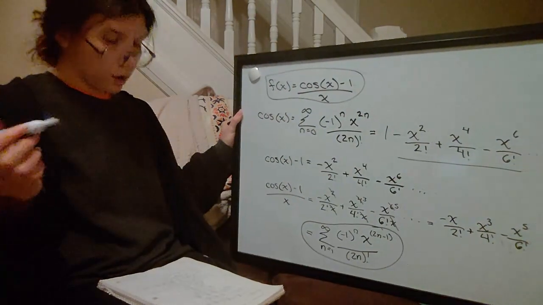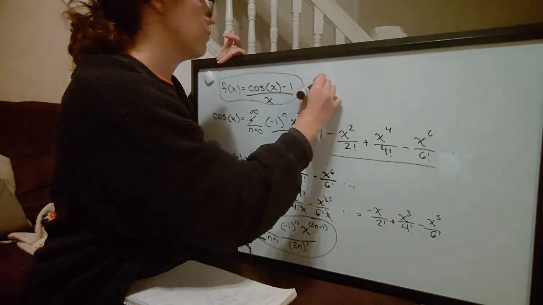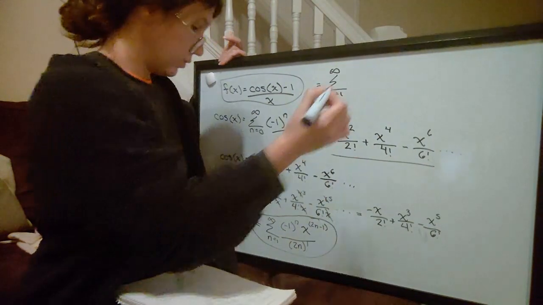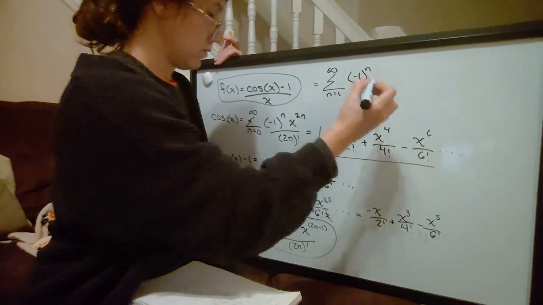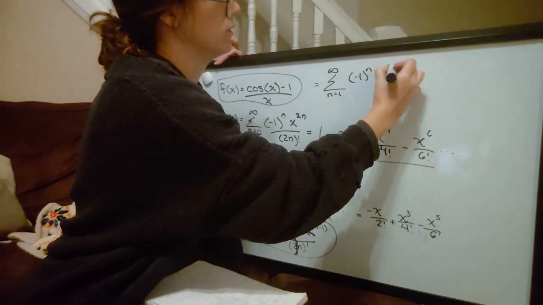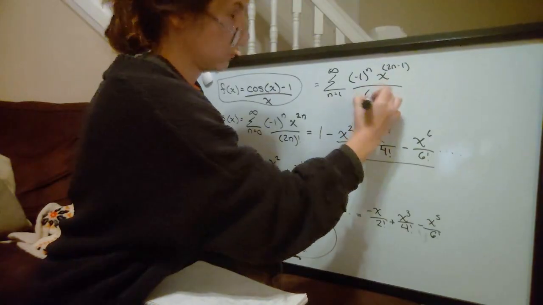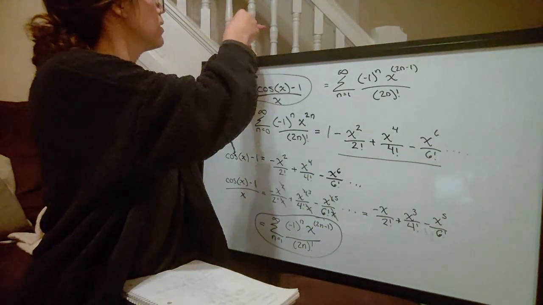All right, and now we need to do a second part of this problem. So I'm going to write my series, n equals 1 to infinity, negative 1 to the n, x to the 2n minus 1 over 2n factorial.